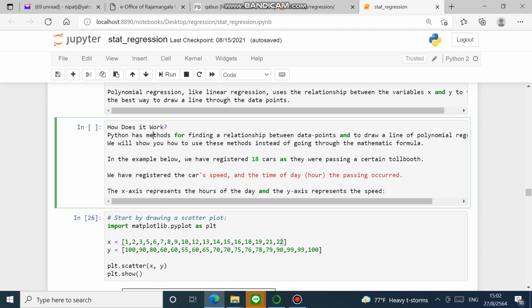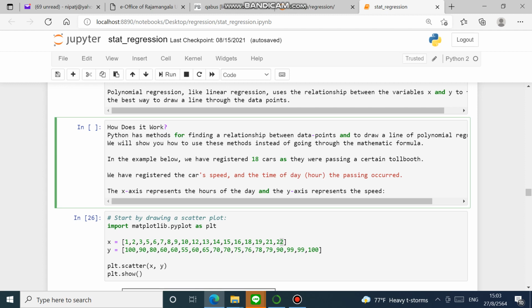For linear regression, it is just a simple mathematical formula: y equals mx plus c, where m is the slope, x is the independent variable, and c is the y-intercept.